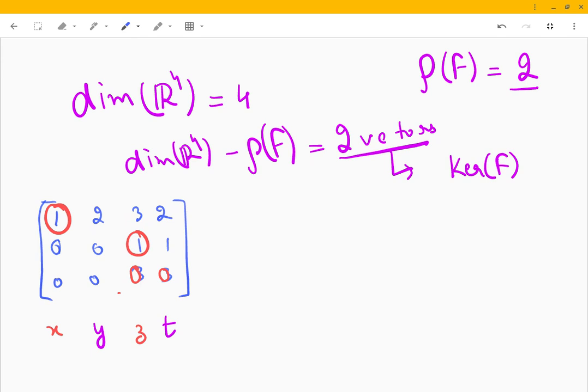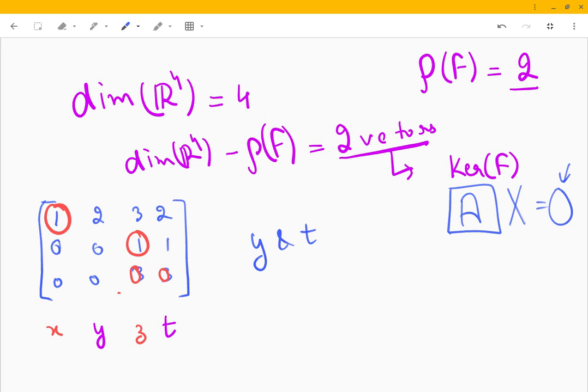What is the solution space for a homogeneous system of linear equations? We had equations, and then we had this Ax equals 0, right? So we were finding the vectors that were mapping to 0. Okay, this is the same thing. Check out the previous videos. Anyway, so our y and t are free variables here.